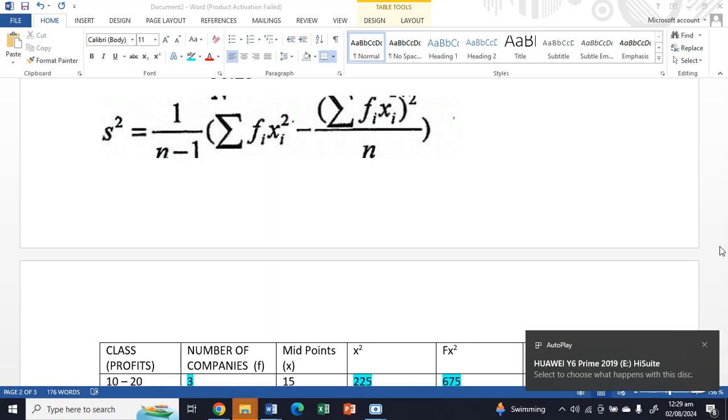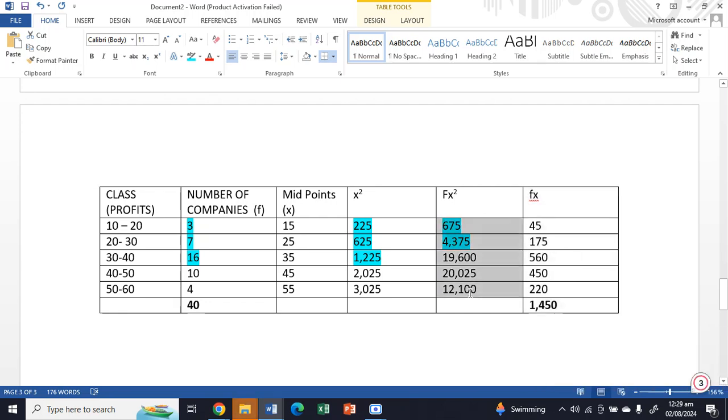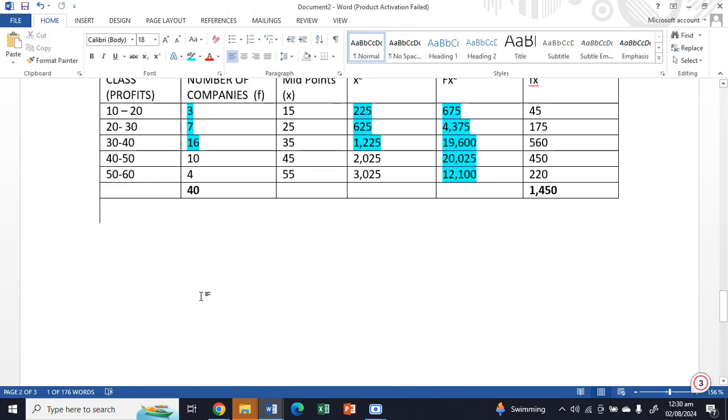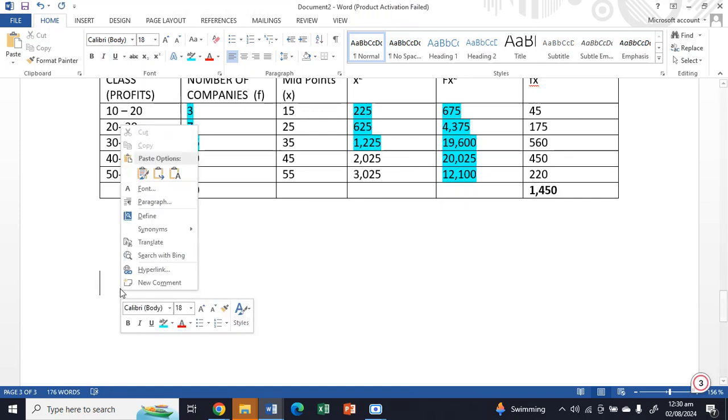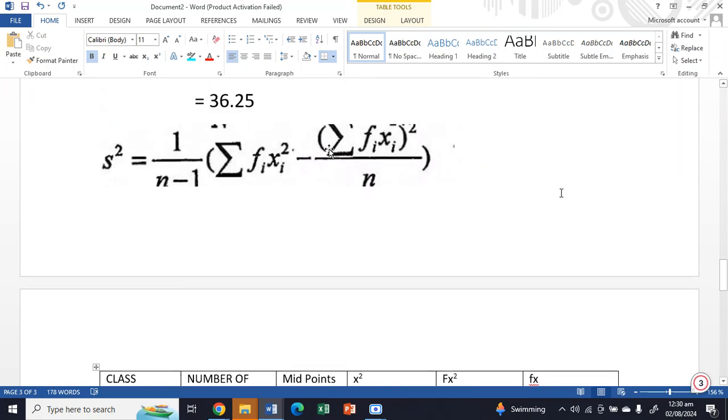So let's total these up, these values, 675 plus 4, all these values in blue here. 56,775. Okay, colleagues, counter check. Are we all getting that value?